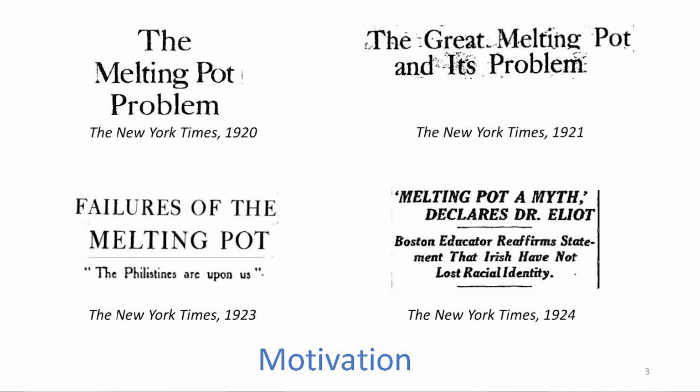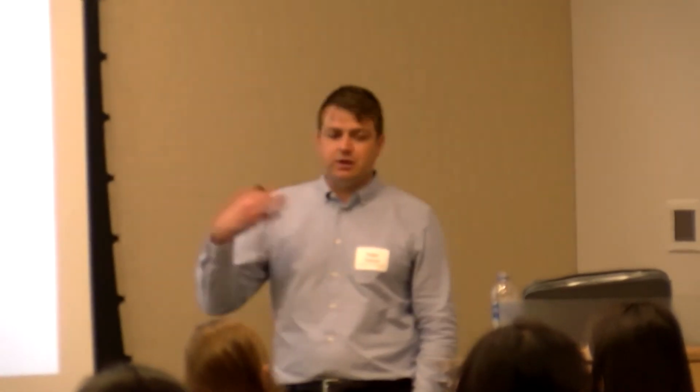And this idea of whether or not immigrants of the past assimilated or integrated into US society has captured the attention of many researchers as well, trying to understand whether or how long it took these groups to integrate into US society, right?